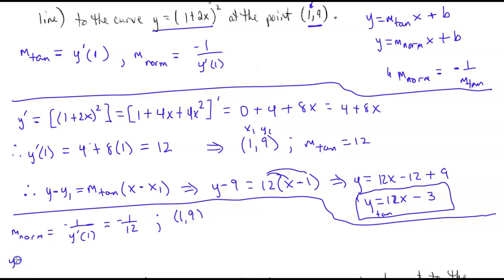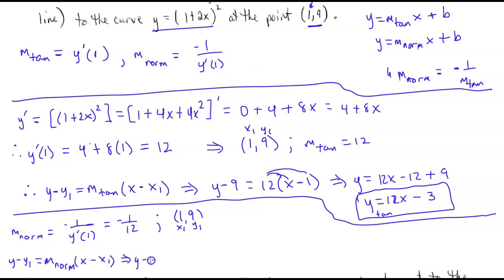So y minus y1 equals m norm times x minus x1, where again, x1 and y1 are going to be the x and y coordinates of this point.